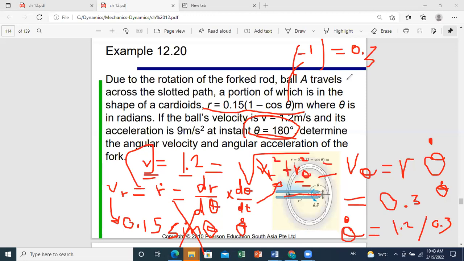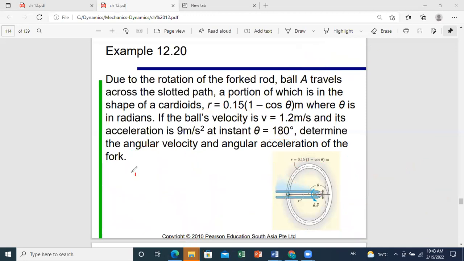Now we'll do exactly the same procedure to get theta double dot by expressing the A magnitude. So the A magnitude, which is given, is equal to the radical of A_R square plus A theta square. Let us start by finding the expressions of A_R and A theta.